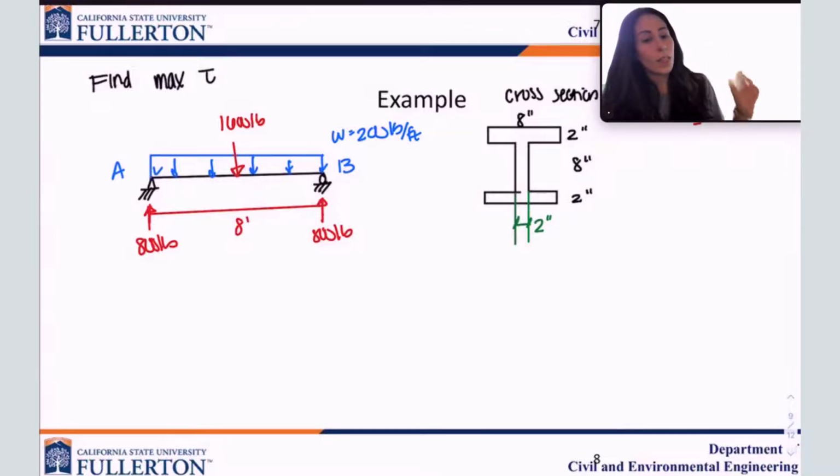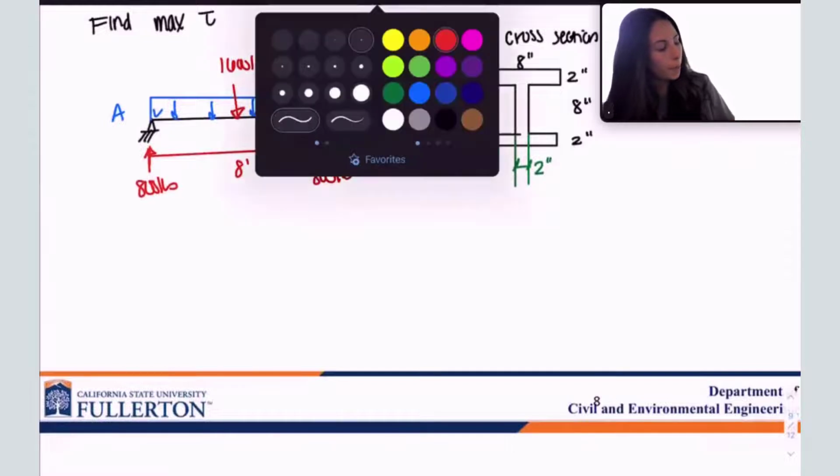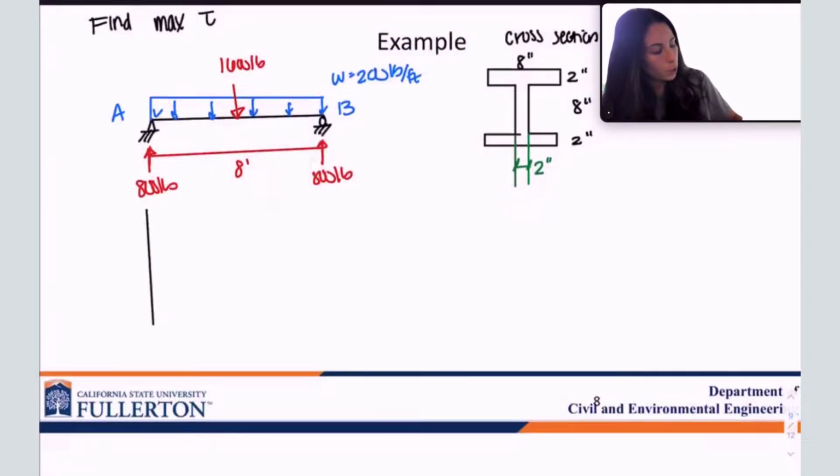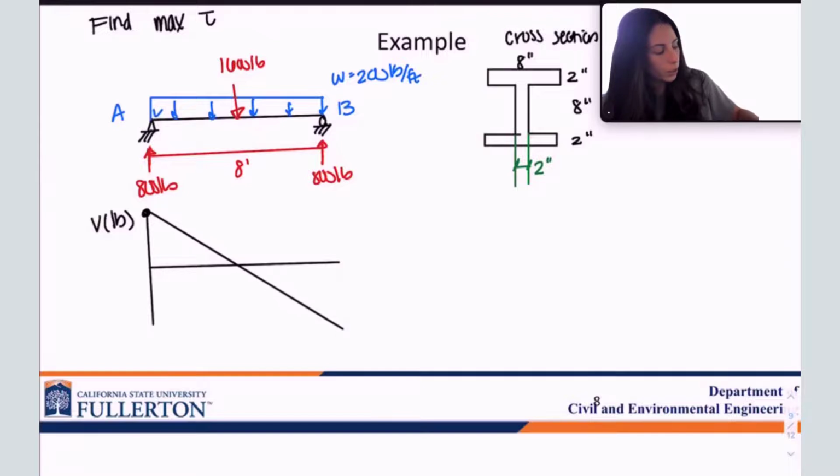So let's start by calculating V. Let's go ahead here and draw the shear diagram that corresponds to the loading. So I'm going to go up to 800. I have a constant distributed load, so I have a linear shear diagram. I'm going to push up to 800 here.